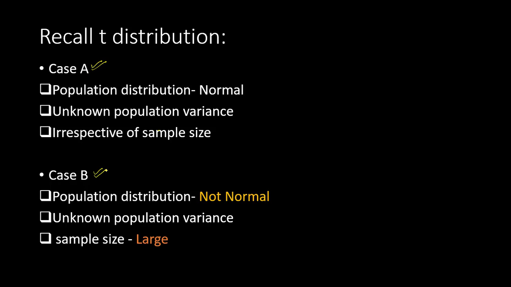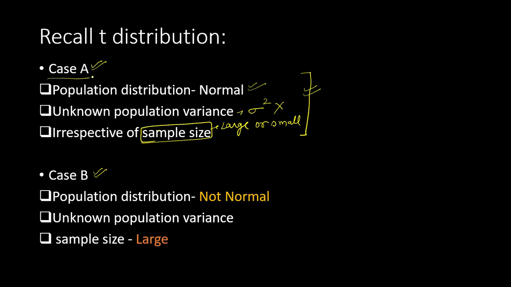In case A, we would use the T distribution if the population distribution is normal and the population variance, that is sigma square, is unknown, irrespective of sample size, whether it is large or small. If the given data falls under this category, then we would denote it as case A and use the T distribution.